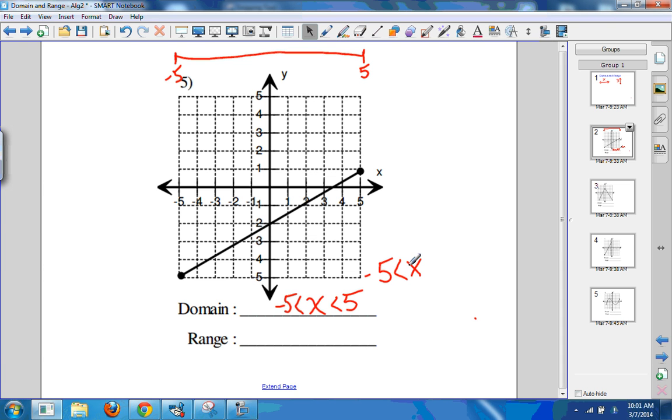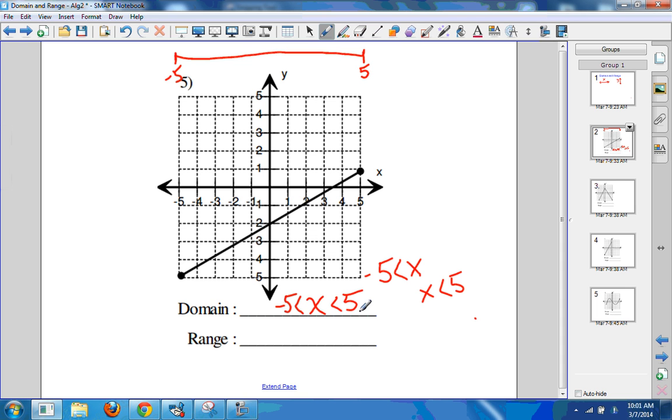If I read it from right to left, we want all numbers that are bigger than -5. And then the other one is X is less than 5. So we want all the numbers that are less than 5. So putting it together like this basically tells me that I want all those numbers between -5 and +5.